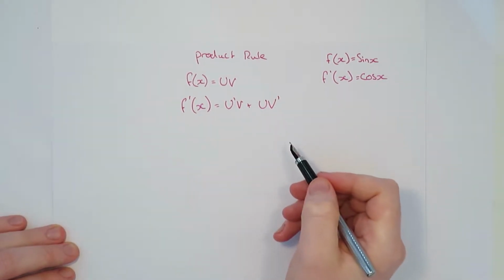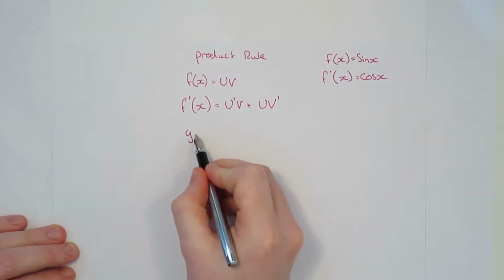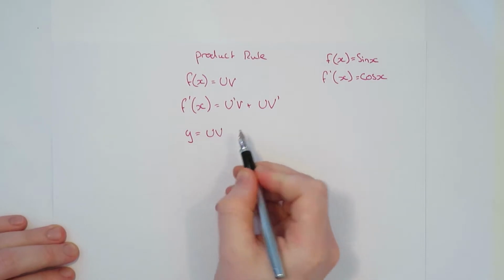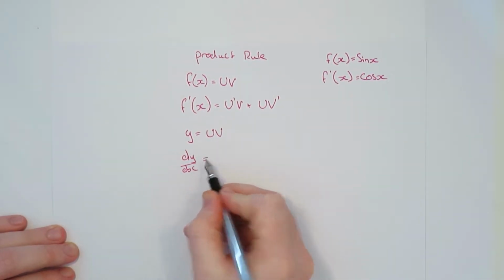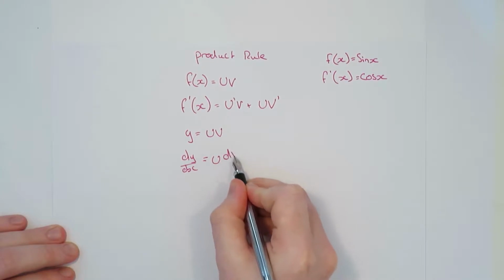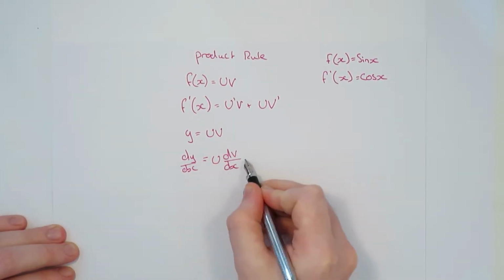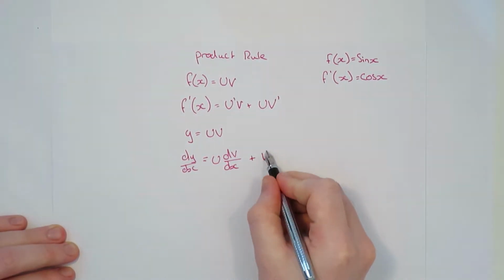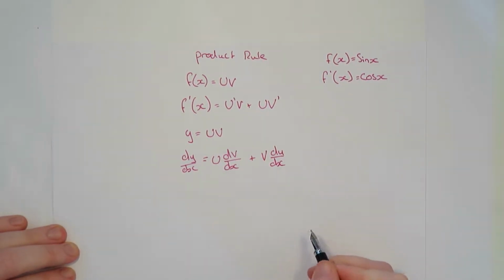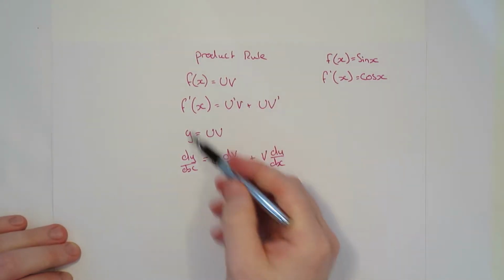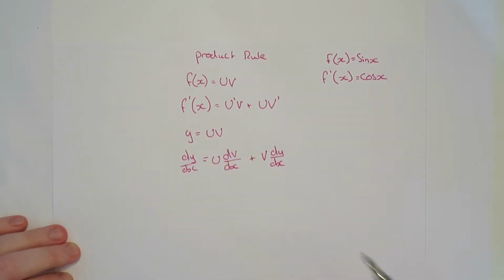Or another way of writing that is y equals uv, and dy by dx will be u dv by dx plus v du by dx. So that there is the product rule. So let's use this in an example question.